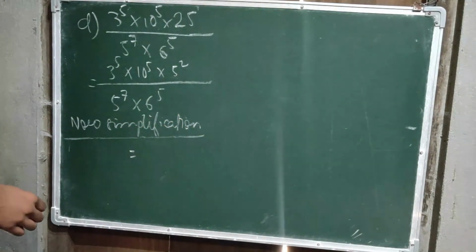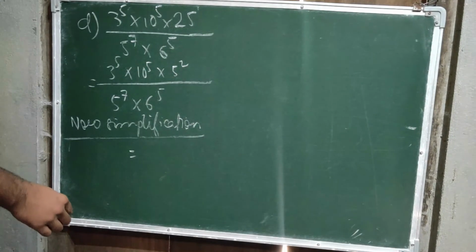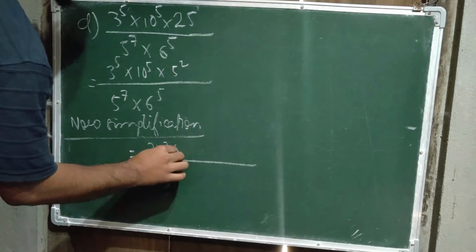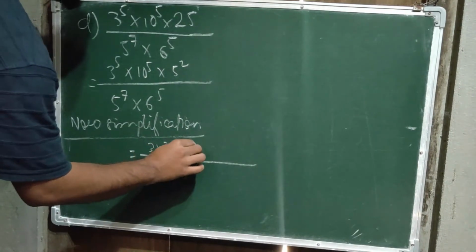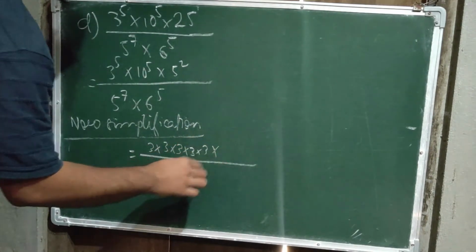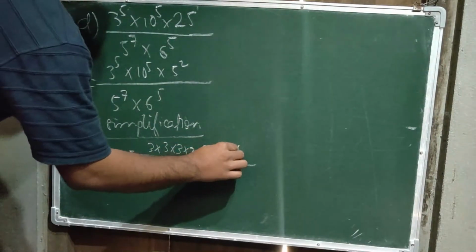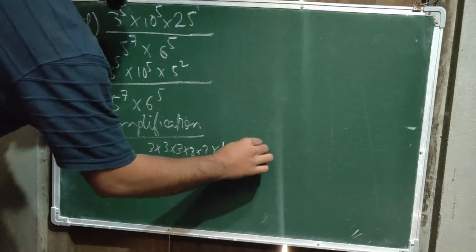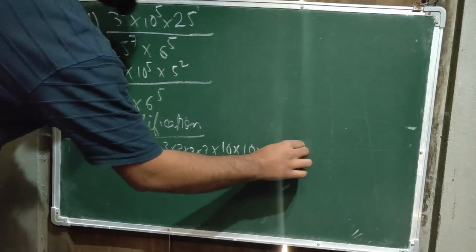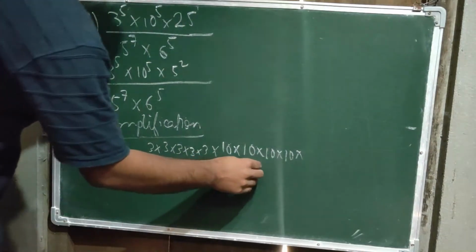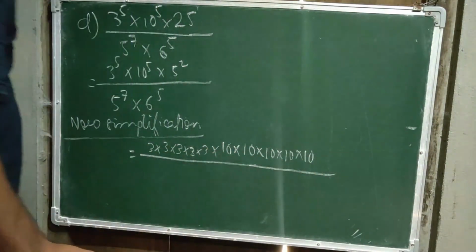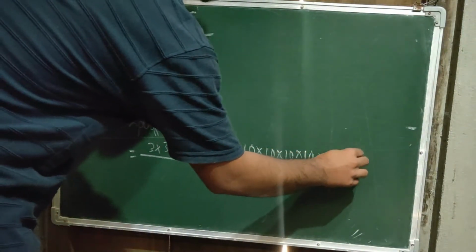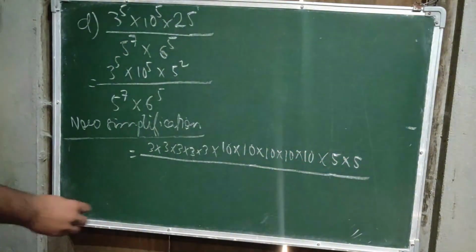So 3 will put 5 times, 10 will put 5 times, again 5 will put 2 times.